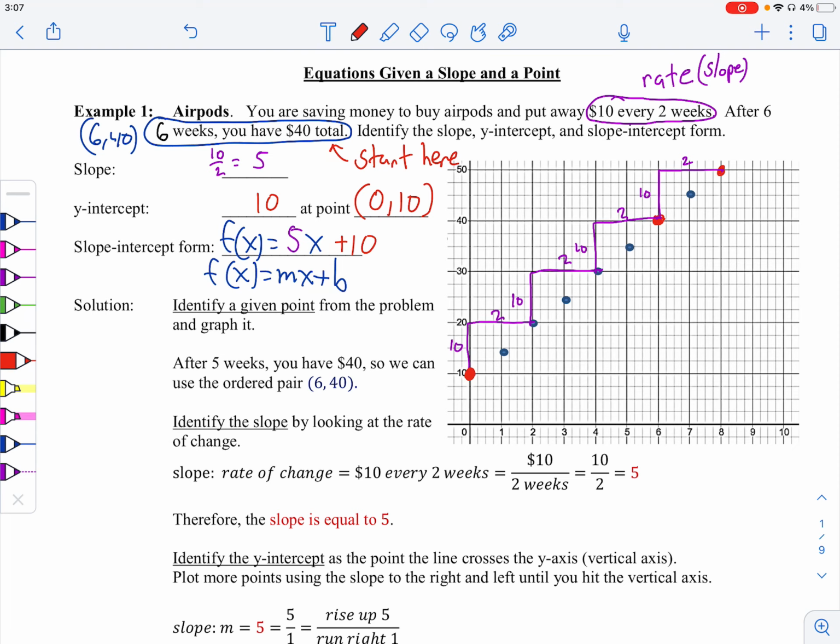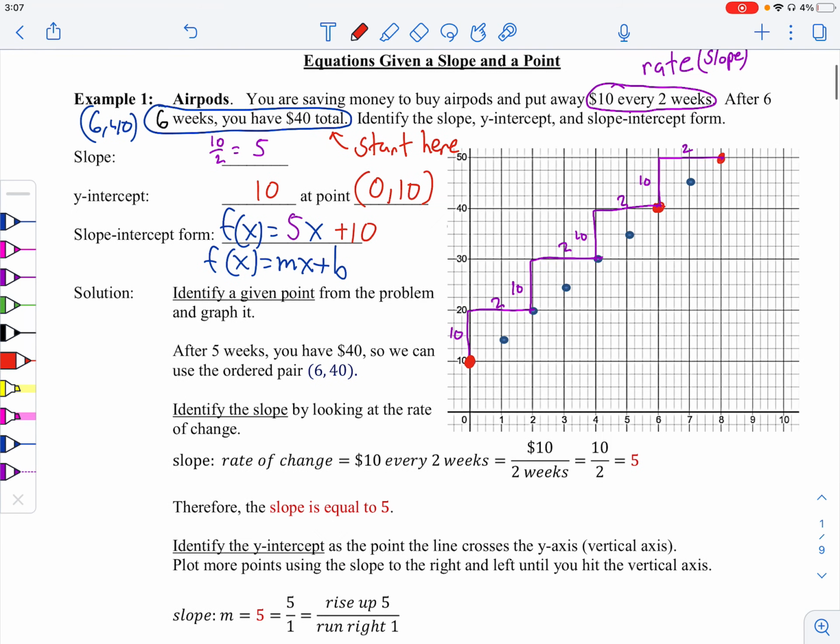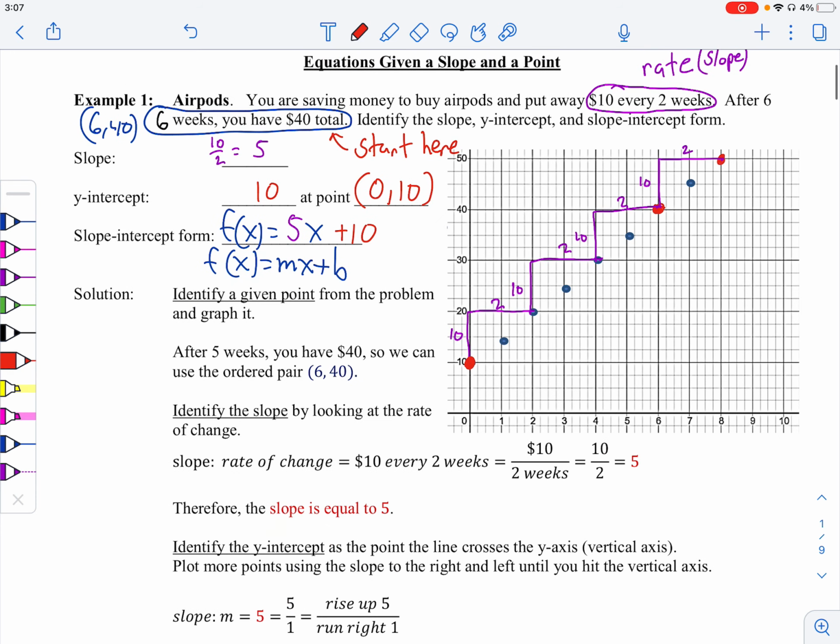That's it. Always start at the point and use your rate of change until you get to your starting point, which is the y-intercept. So you started with $10, $10 every 2 weeks, and after 8 weeks we would have $50.